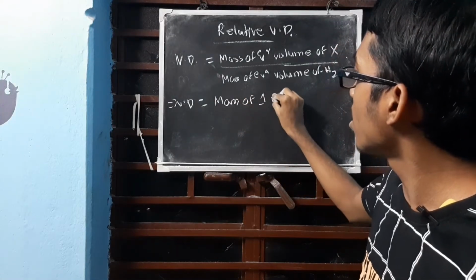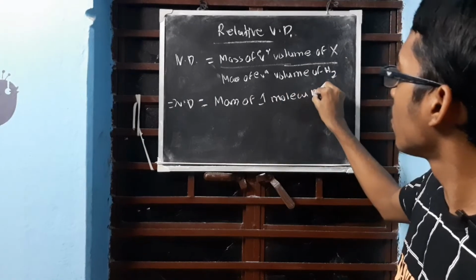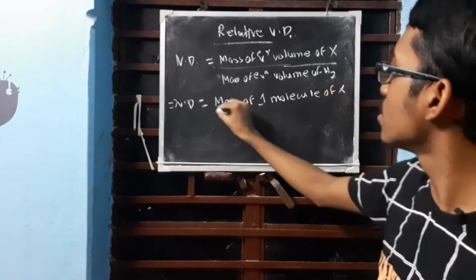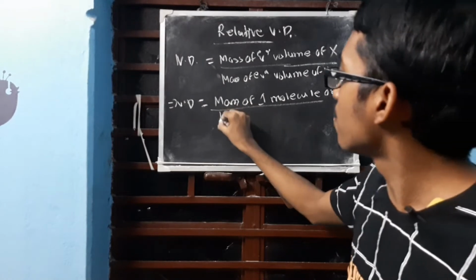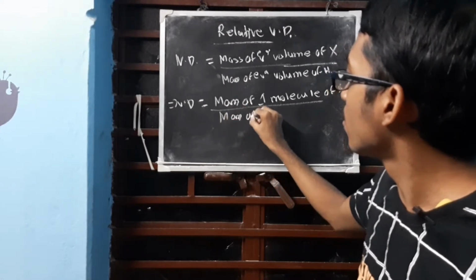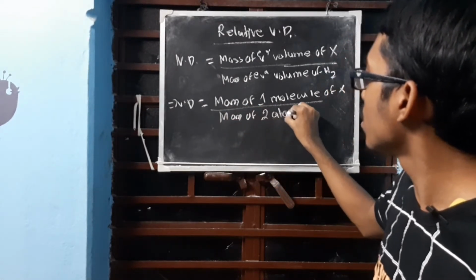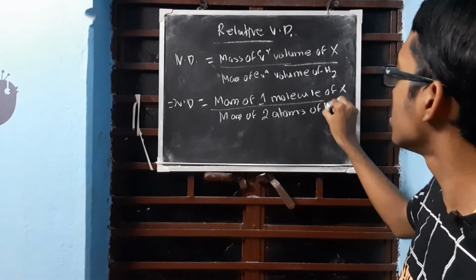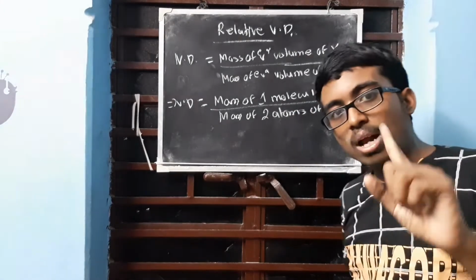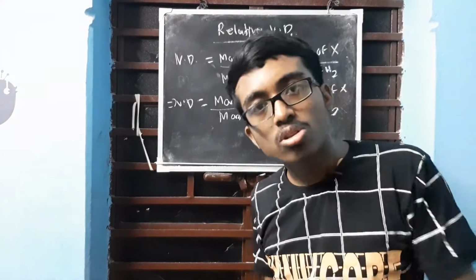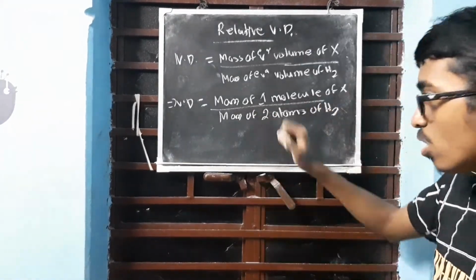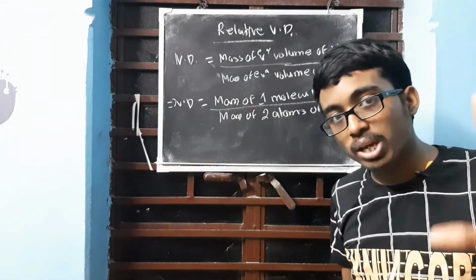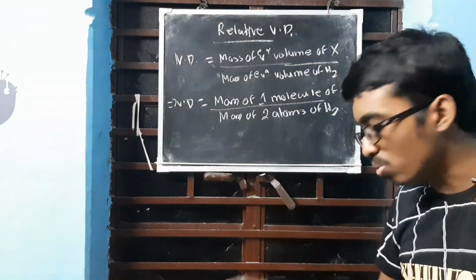So mass of one molecule of X divided by mass of 2 atoms of H2. Now you may ask, why did I bring it to atoms? Just now I said molecule. One molecule of hydrogen contains how many atoms? 2. So we have written 2 atoms. Clear? We do not know how many atoms are there in this element X, so we cannot write that. But for hydrogen we know it is 2, right?